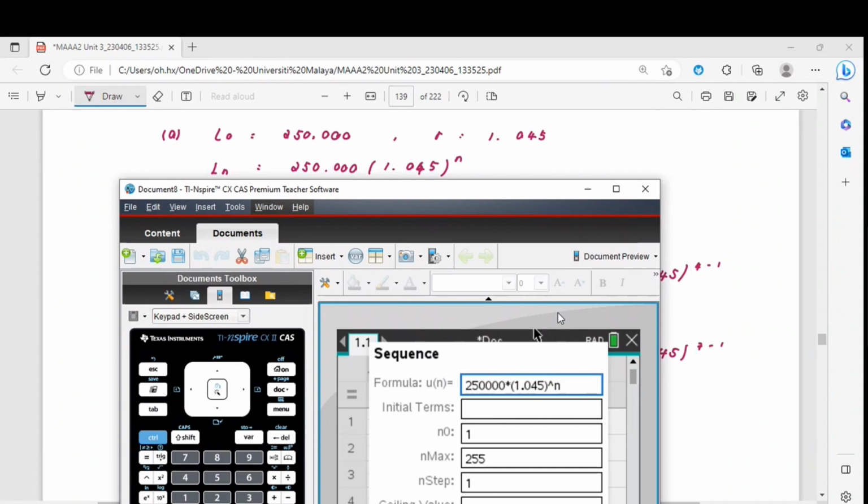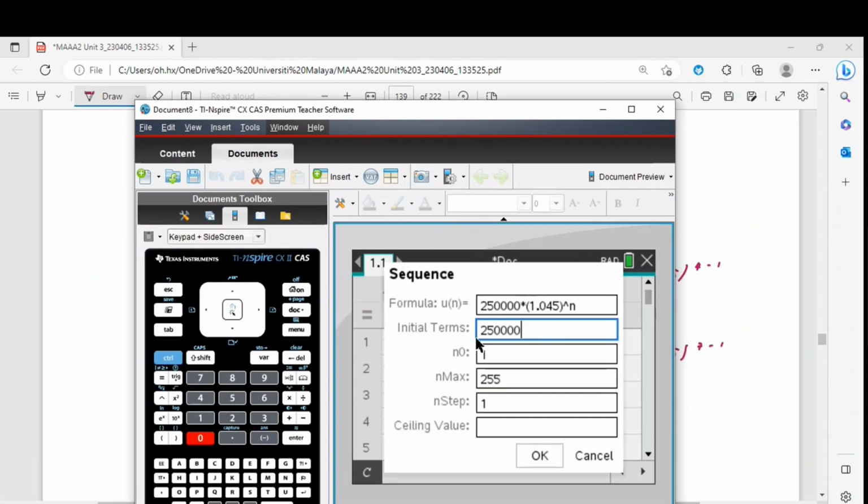The thing you need to be careful of is this: if you choose to put your initial term as your T0, you need to change your N0 to 0, because you need to tell the calculator that the first number I'm using here is actually the 0 term, not the first term.